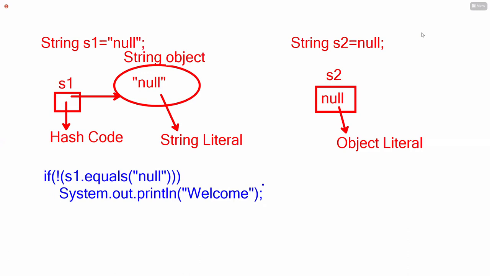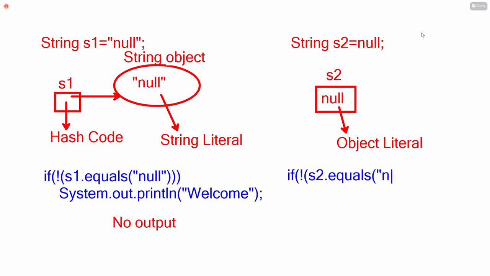Now give me the answer. Here first S1.equals(null), compare with this null. True or false? True. Not true, then no output. Here no output. If I write the same code here, what will happen? Again exception. Here, exception. We should not call the method.